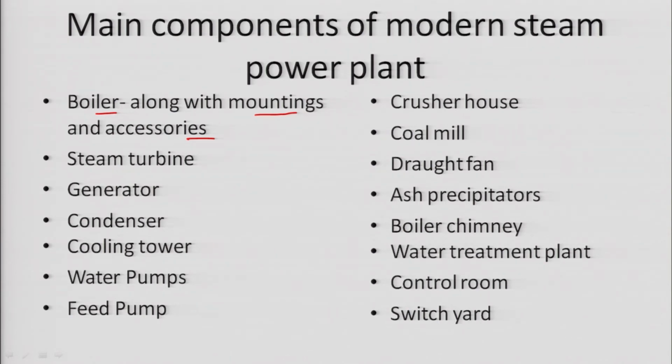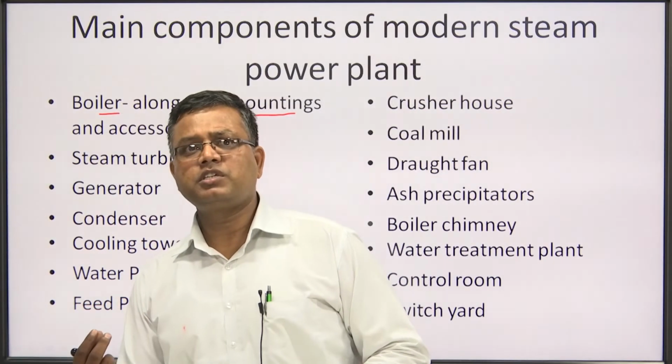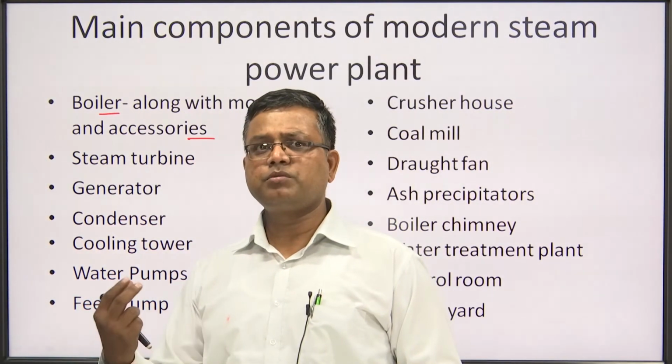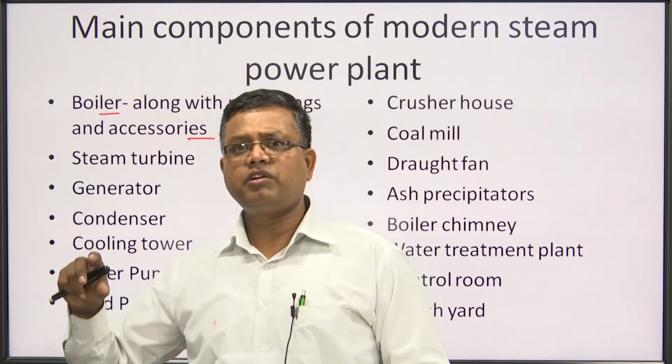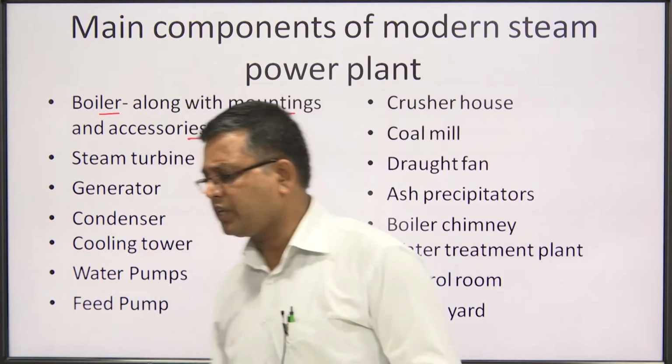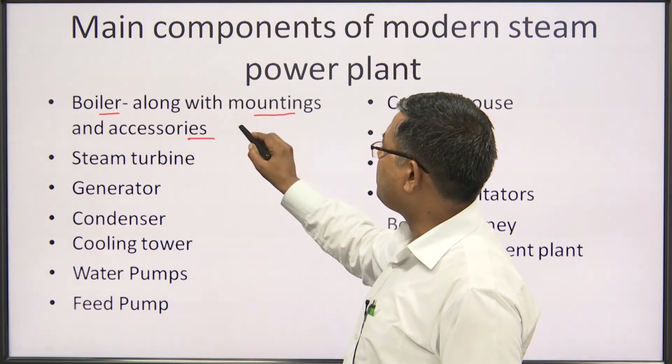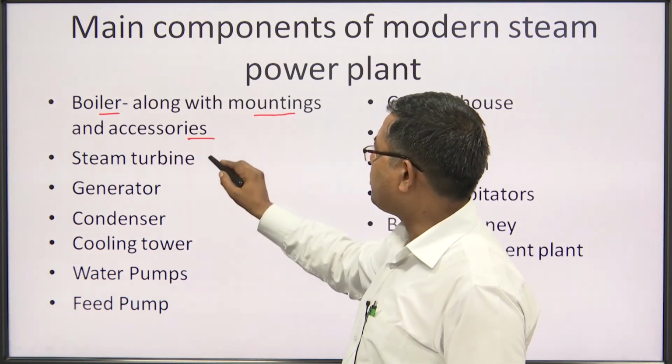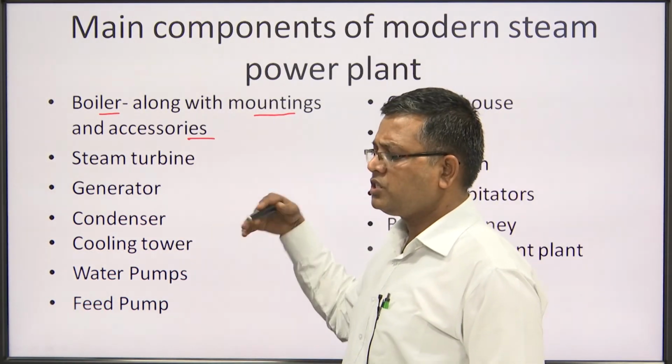One is a whistle, which is a dead weight safety valve, and the other is a fusible plug, which melts when pressure is too high and the dead weight safety valve, or whistle, is not working. So this is the most important part of the thermal power plant, or steam power plant.